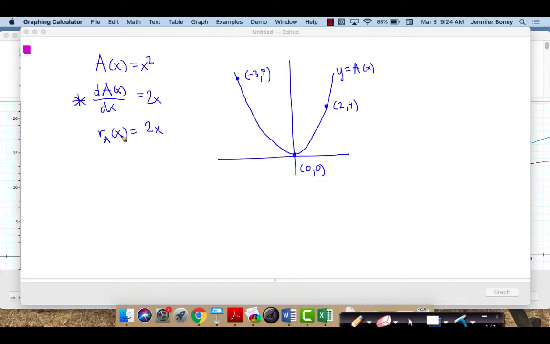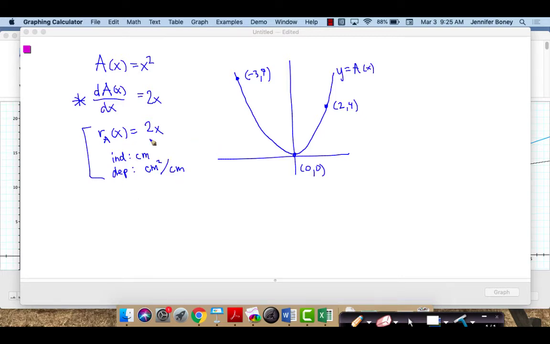So x is the input and the rate of change is the output, or the independent variable would maybe be centimeters, and the dependent variable for the rate of change of A would be how much the area changes, in square centimeters per centimeter. And I don't really want to reduce that to centimeters because that sounds weird, but it is square centimeters in area per centimeter in side length.